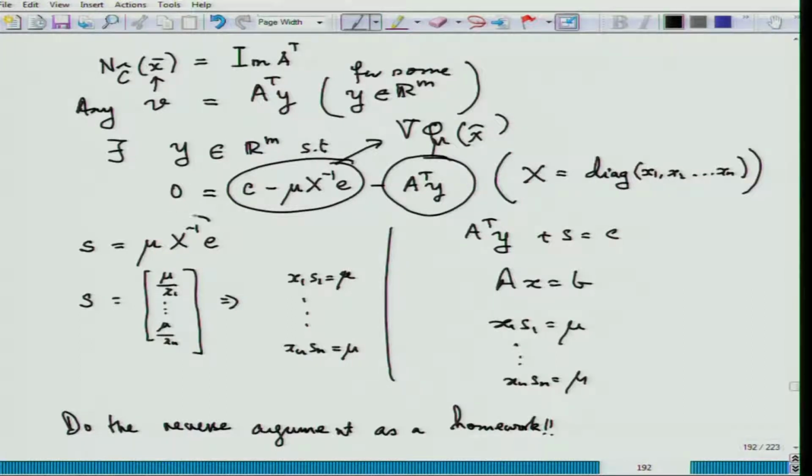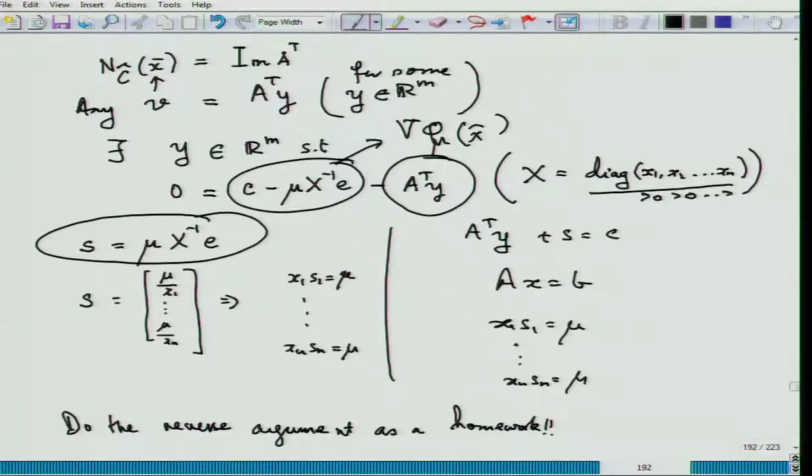So if I put S equal to this, where X is the diagonal matrix having these as diagonal elements. Now this x is in the interior, because x1, x2, x3 are all bigger than 0, so this definition mu times X inverse is completely well defined. So this is nothing but the vector mu over x1 down to mu over xn.